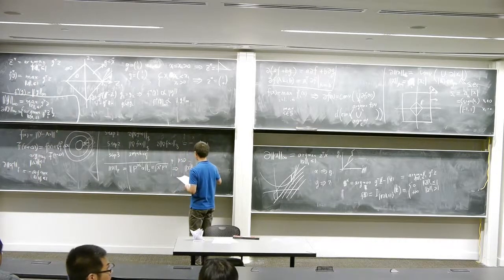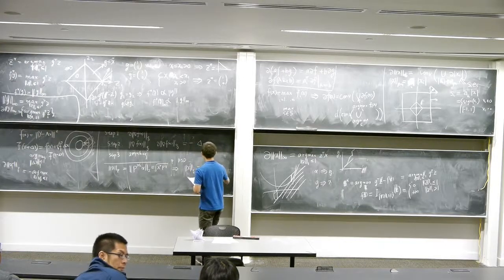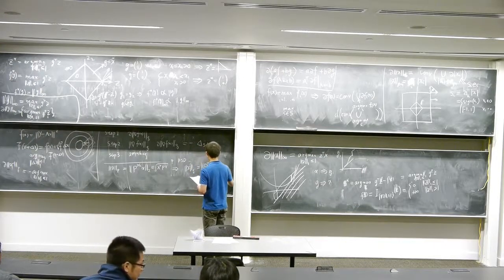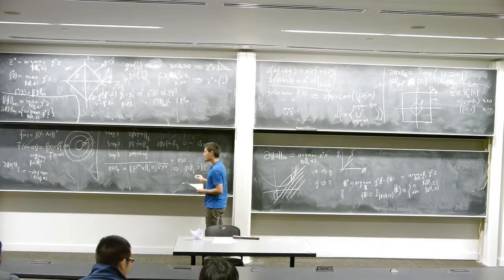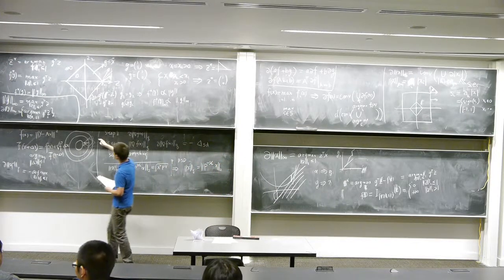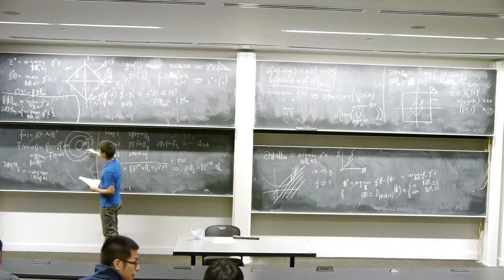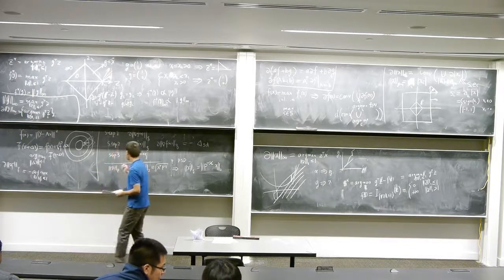And this has a dual norm, which is the Q norm, P negative a half x, a second norm. So this corresponds to the case where I said I want to search on this ellipsoid instead of the circle.